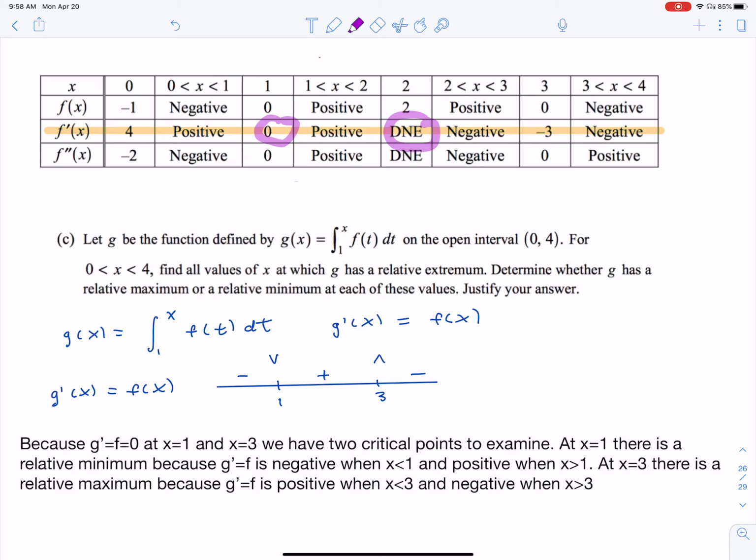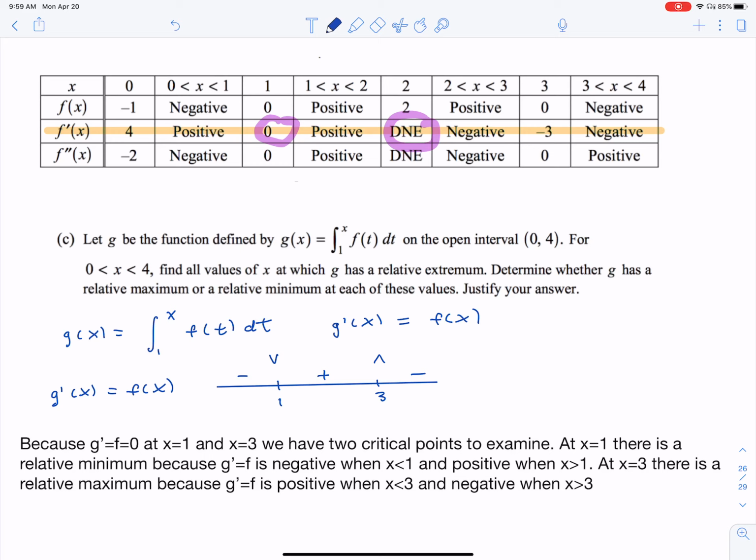But let's just look at our chart really quickly. I'm not going to make a sign chart on this one because it's fairly easy. Look what happens to the left and right of 0. When x is less than 0, f prime is positive. When x is greater than 0, f prime is still positive, which means the concavity for g is concave up to the left and to the right.